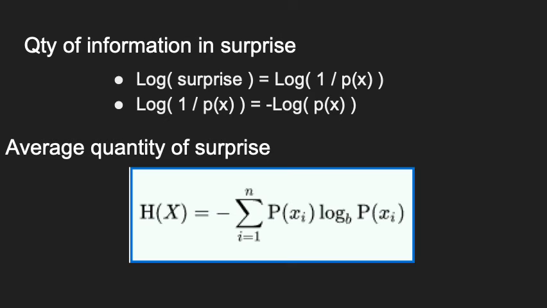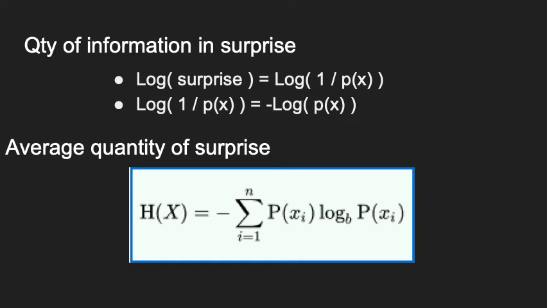Now we can bring the 2 concepts together, and measure the quantity of information in surprise. The log of surprise is simply the log of 1 over the probability, and the log of 1 over something is just minus the log of that thing, so it's minus log of the probability.